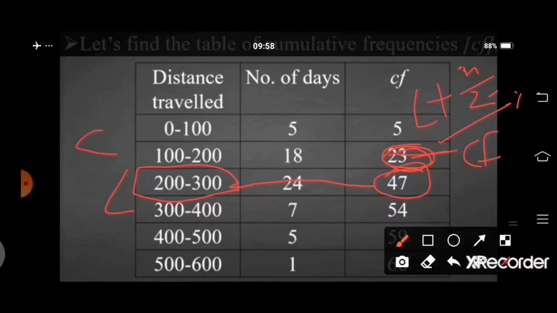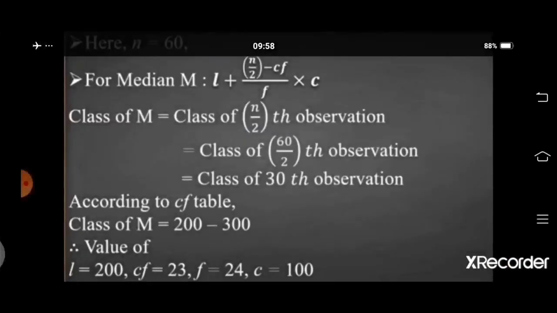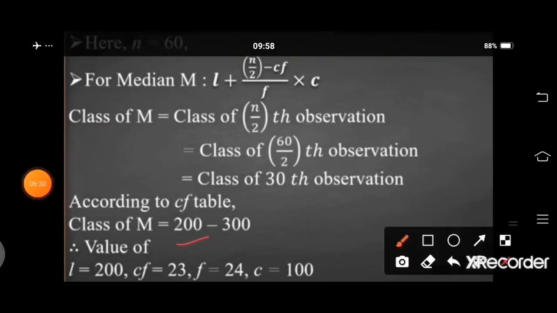Class length is 100; by here or here you can find class length equal to 100. Then divided by F, where F means class frequency, 24. Write down L equal to 200, CF equal to 23, F equal to 24, C equal to 100.